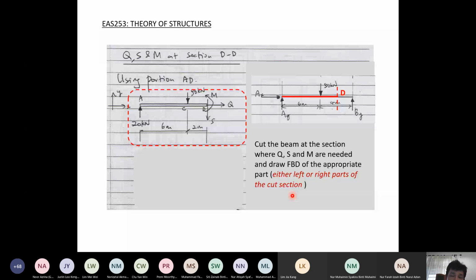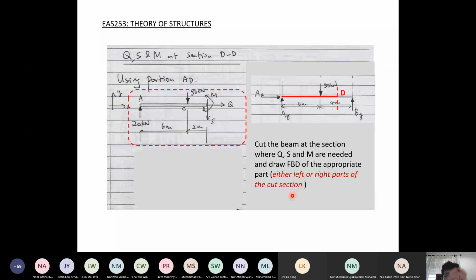Either one can be used. But there is one important thing that you need to take note of, so that whichever side of the cut section you use, you get consistent results. That is one point that you have to pay attention to, which I will emphasize.